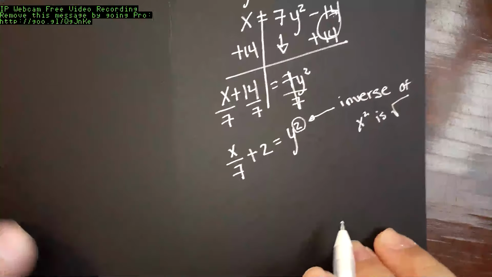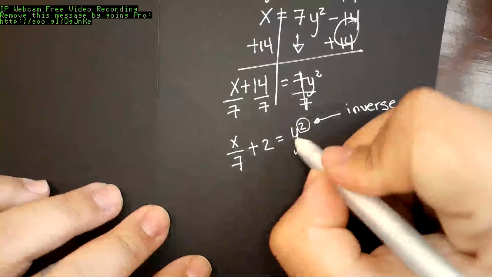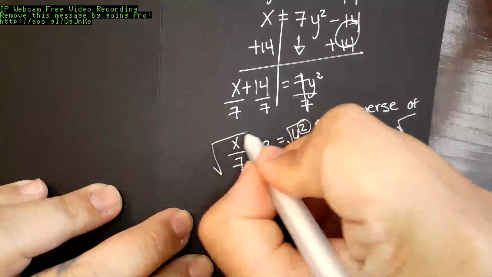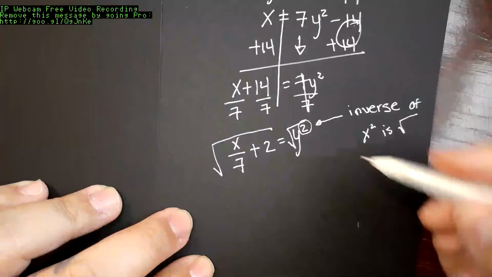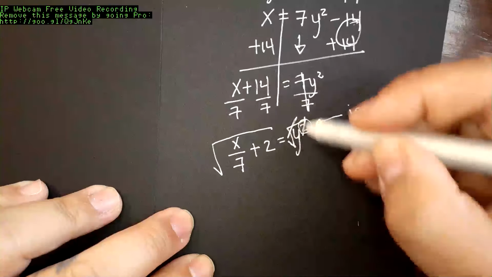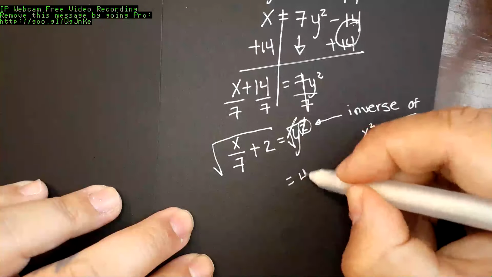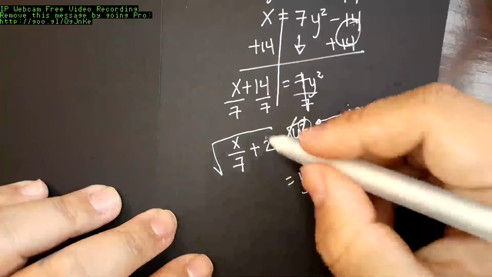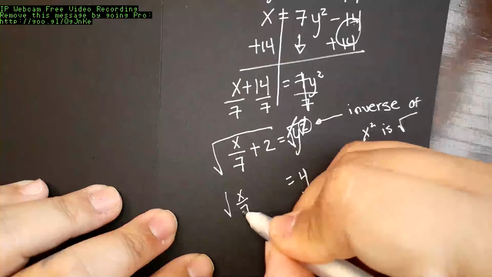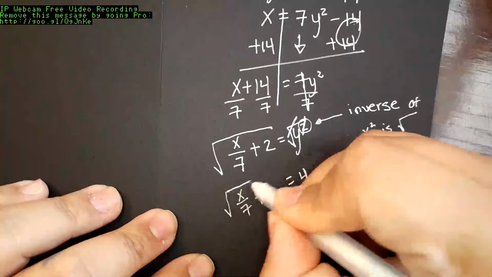Okay, so I'm going to take the square root of y squared and the square root of this side. So my square root and my square cancel, and I'm just going to be left with y. And on this side, nothing else changes. Plus 2, that stays the same.